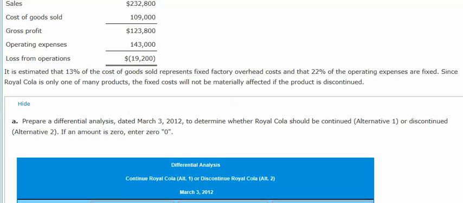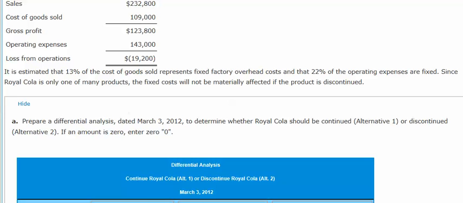It's estimated that 13% of the cost of goods sold represents fixed cost, and that 20% of the operating expenses are fixed. Since Royal Cola is only one of many products, the fixed costs will not be materially affected if the product is discontinued. So all the other products are going to have to be absorbed by the remaining products if we discontinue.